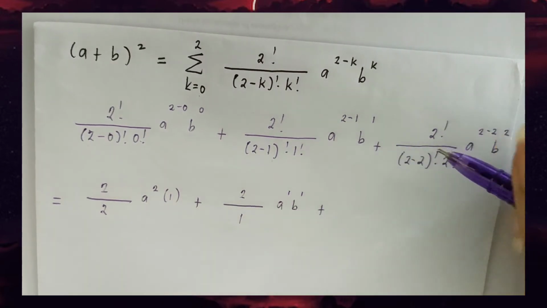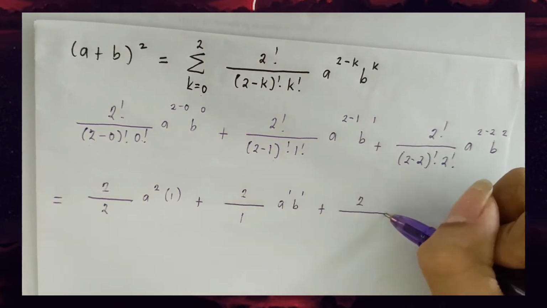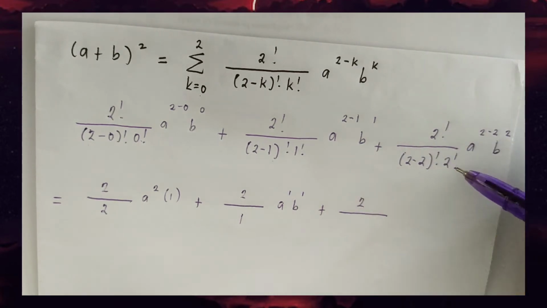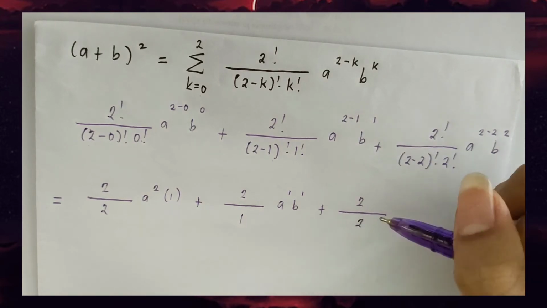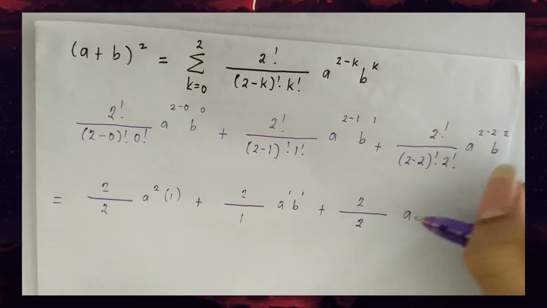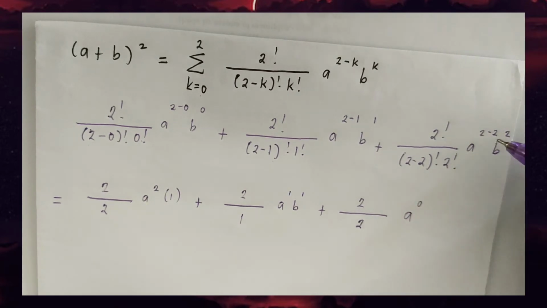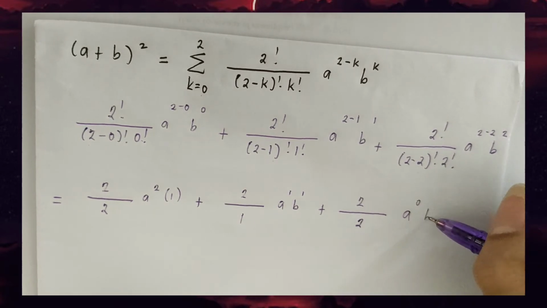Next, 2 factorial is 2 divided by 2 minus 2 is 0. So 0 factorial is 1. 1 times 2 is 2. And then a raised to 2 minus 2 is 0, and then b squared.